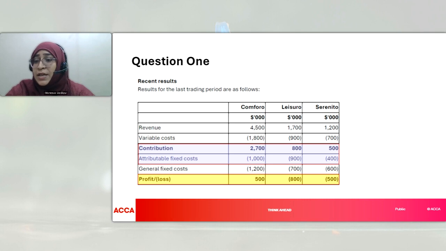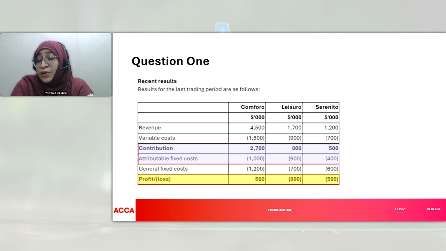But then if we consider the fixed costs, now normally fixed costs are ignored. They're considered to be irrelevant because they're going to take place regardless of whether the product is made or not. However, when we look at attributable fixed costs, these are fixed costs that are specifically or directly related to this product.